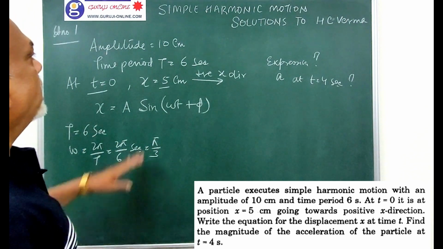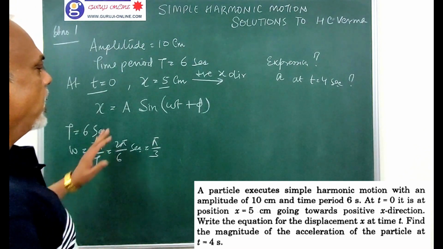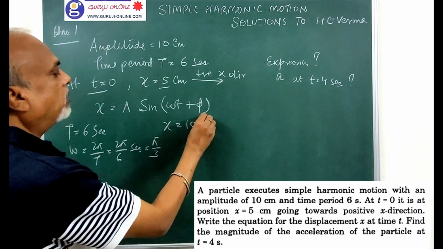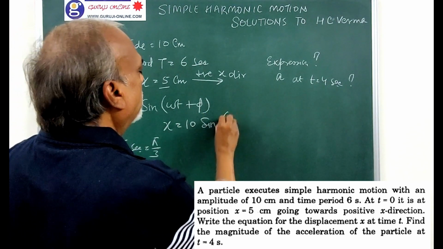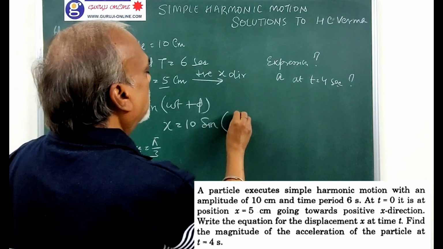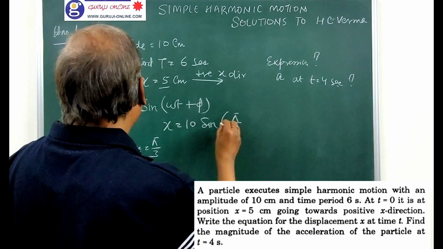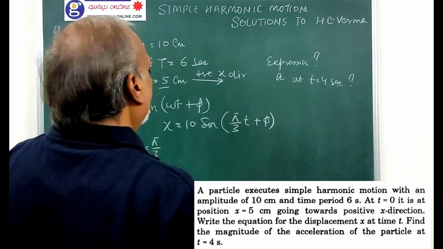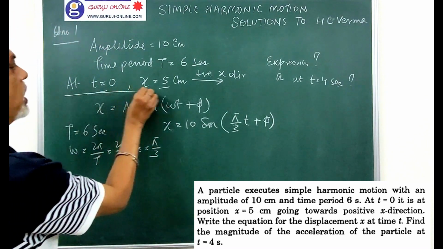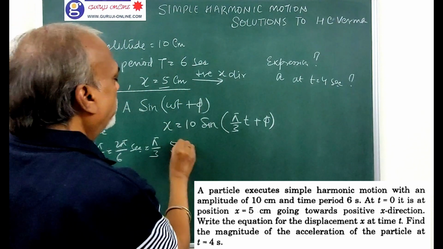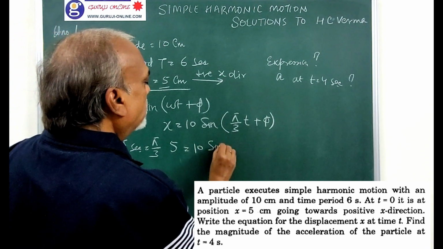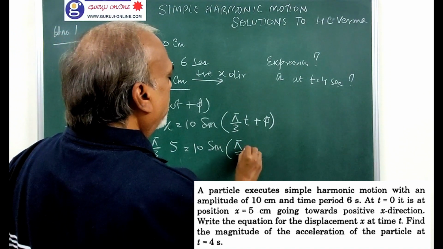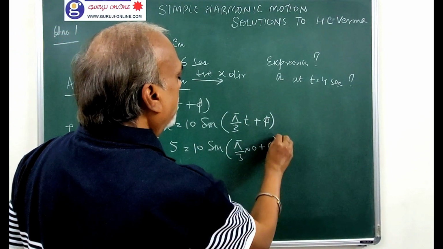A is given as 10 centimeter. So our expression will be basically x is equal to 10 sine, omega is pi by 3, t plus phi. Now at t is equal to 0, x is equal to 5. So this will be 5 equals 10 sine pi by 3 into 0 plus phi.